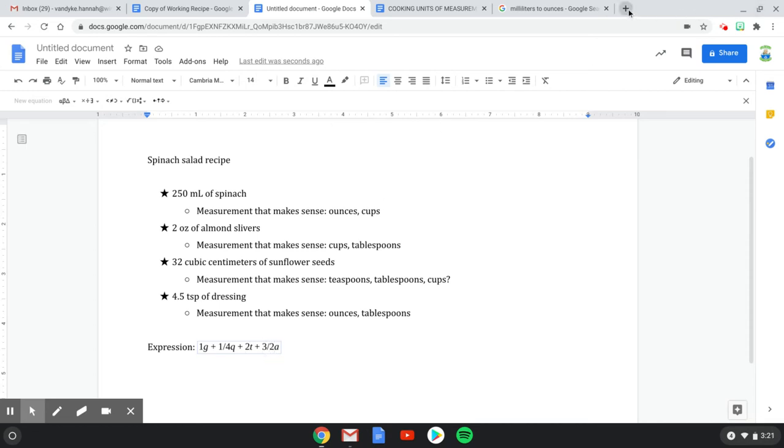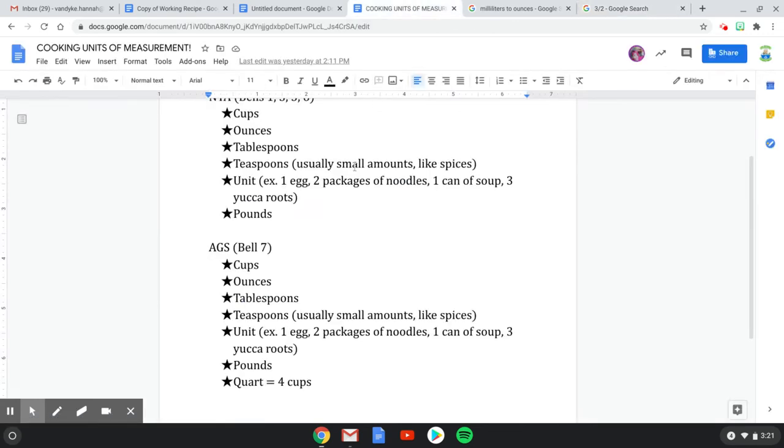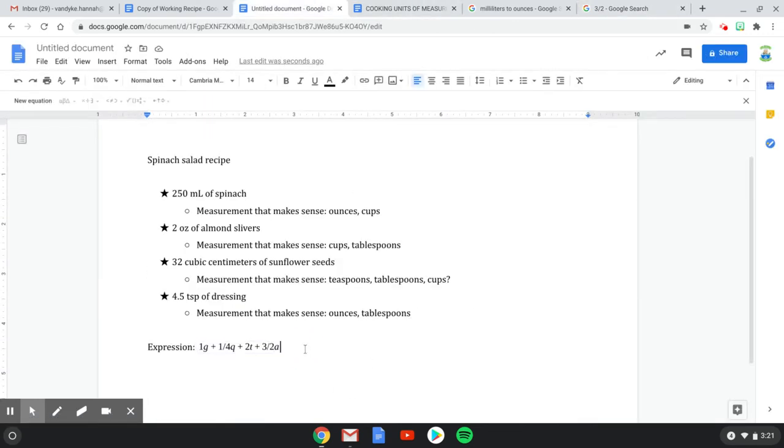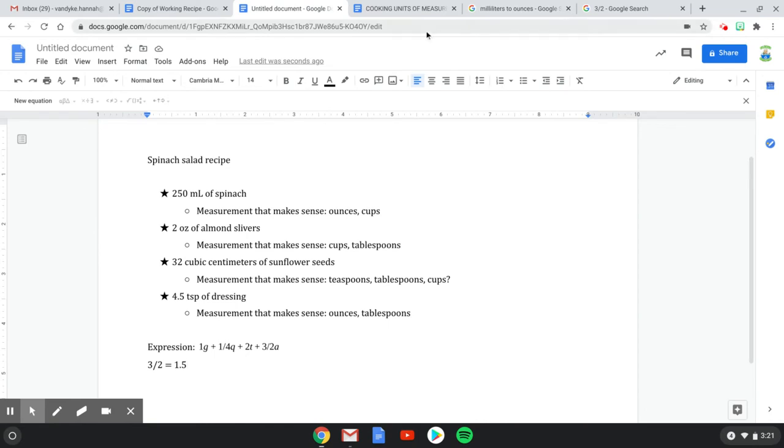And 3/2, let's see what that's equal to. 1.5. I'm going to make a note of that down here. So none of those are equal to 8.45, which is what I got when I converted milliliters to ounces. So I'm probably not going to have ounces of spinach.